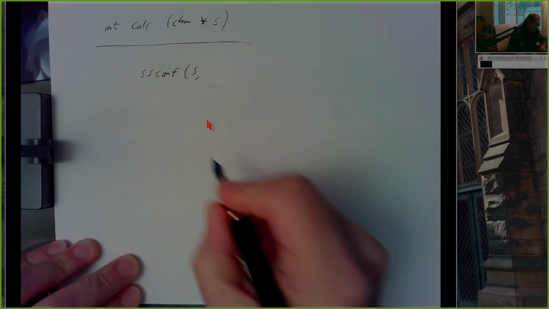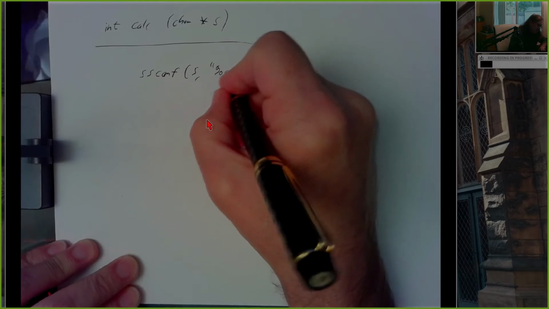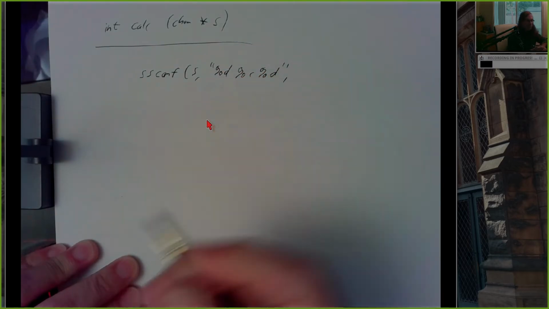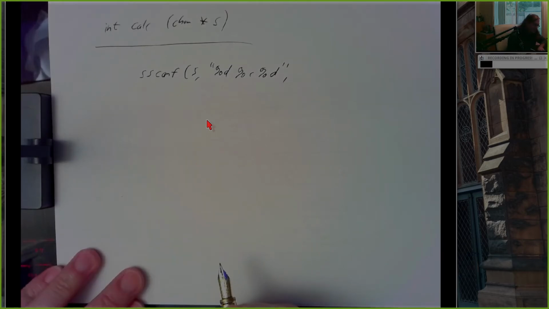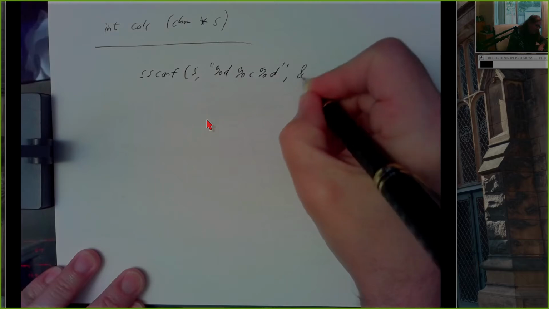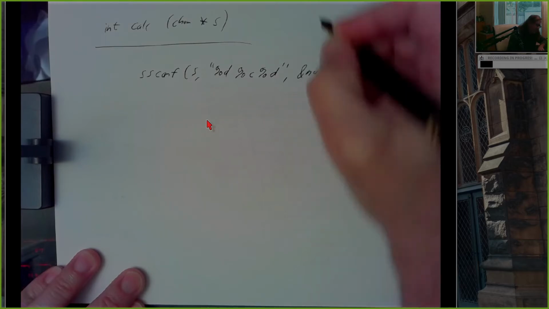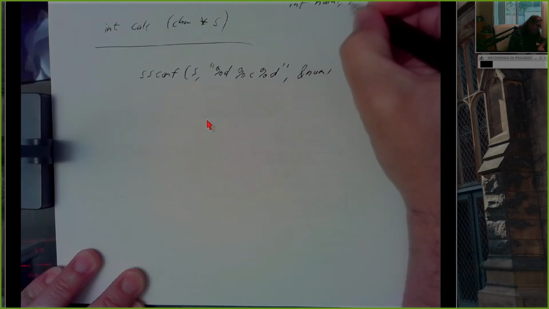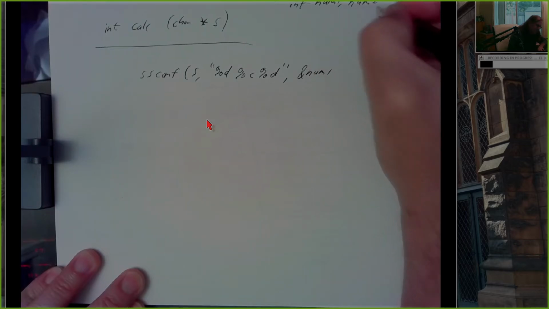So scan your string and then use this pattern %d, %c, %d. No spaces in there. And then this %d will match our first number, so that's going to go into something called num1, which I'm going to declare as an integer, along with num2.